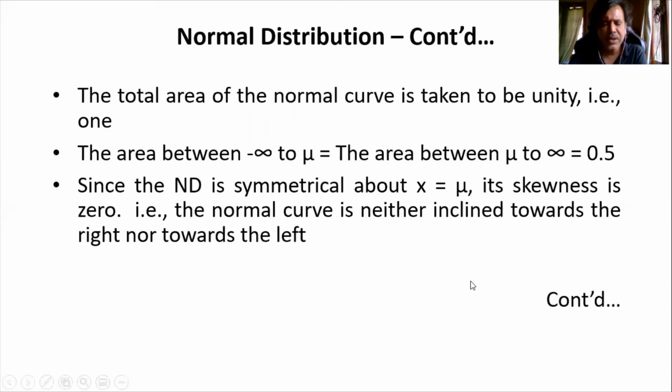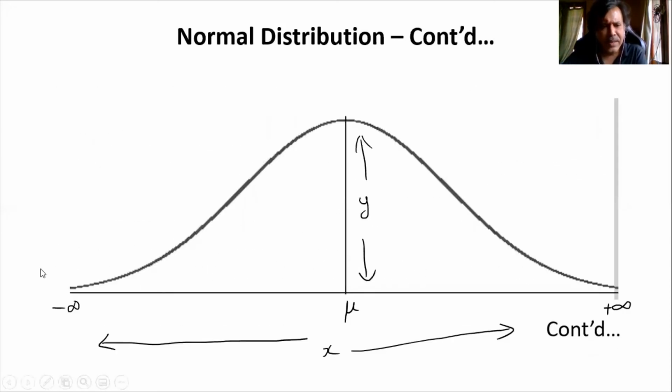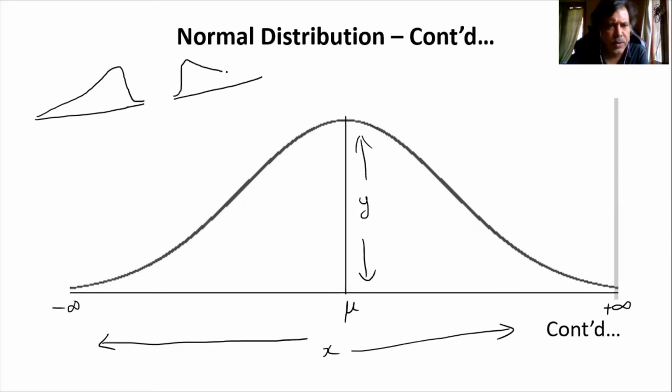What do we mean by skewness? Taking one particular side, suppose I can also have a shape like this. This is possible, but it is not like the normal curve. If it is skewed, then you say it is like this: either this side skewed or this side skewed, right?